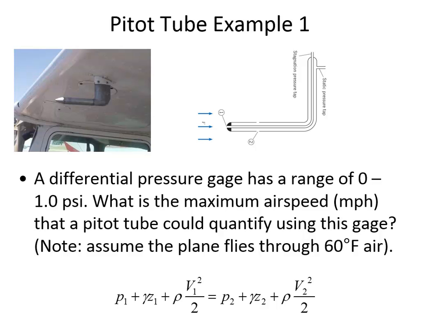Or we can rearrange that, and V2 is 2 times P1 minus P2 divided by the density, to the 1/2 power. And that's exactly what we saw on the previous slide with the pitot tube equation.